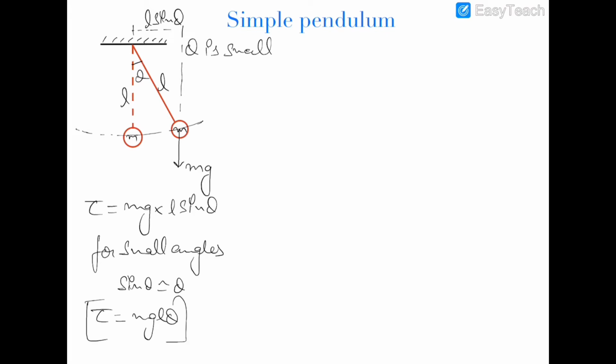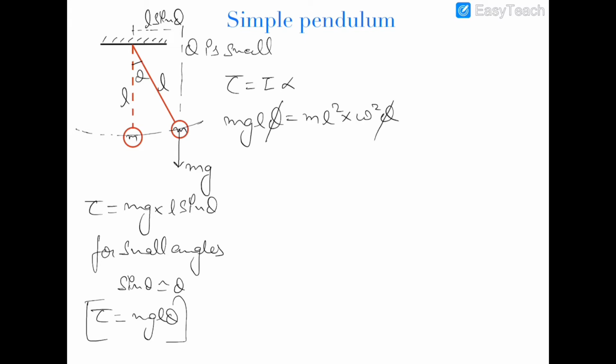Now this torque is equated to I alpha, and this torque is mgL theta, where I is the moment of inertia of this mass about the hinge point, and therefore this moment of inertia will be mL square, and alpha will be omega square theta.